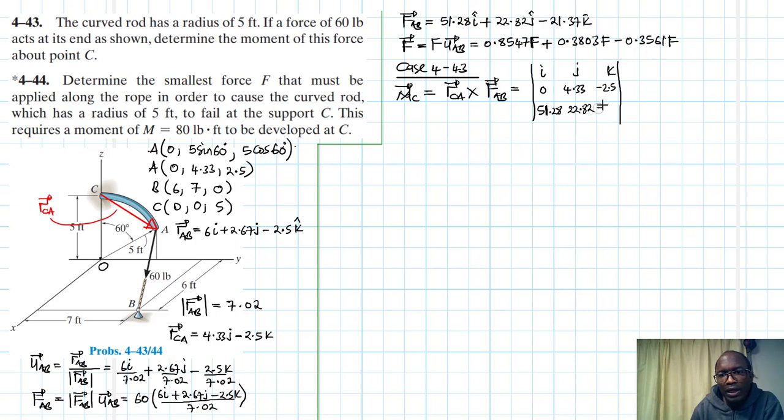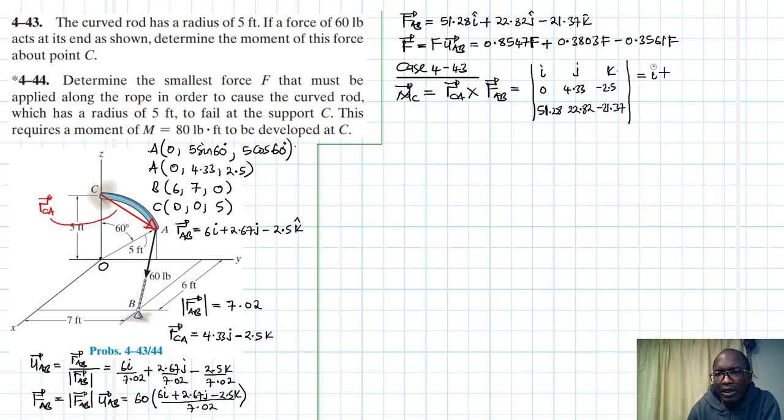Then we have minus 21.37. Let me remove this. All right. So there we go. Let's do the multiplication.